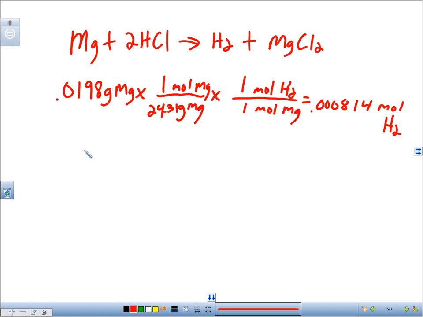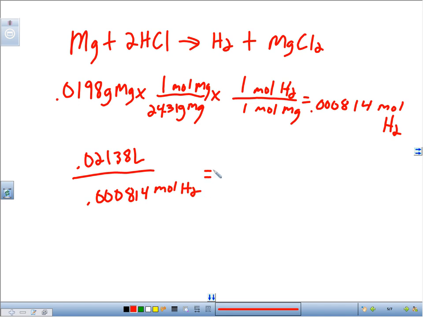I'm going to take the liters I got from last time, from my PV equals nRT, 0.02138 liters, divided by the amount of moles that I made of hydrogen. And when I divide those two, I'll be able to see how close I am to 22.4. With this hodgepodge of data, I got 26.25.